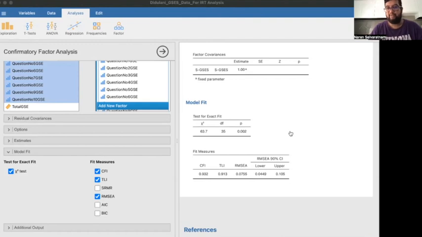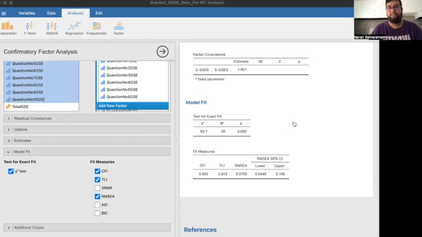Okay, so CFI, comparative fit index. It's a revised form of NFI, not very sensitive to sample size. CFI has to be larger than 0.90. Let's check that. My CFI is 0.932. That's all right. And then I'm going to check TLI.